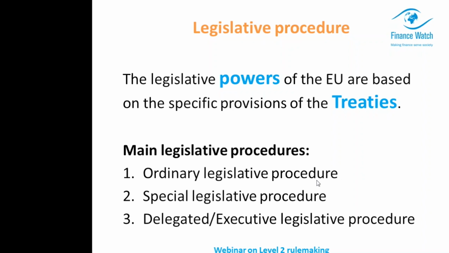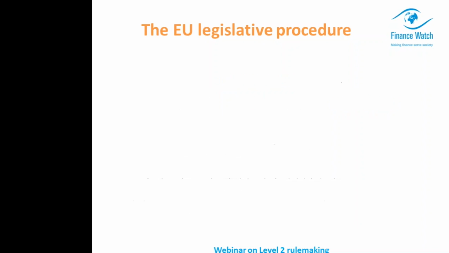It shows that the Council is in the dominant position, so it's usually not the favorable one, but certain articles require it. And then we have a delegated or executive legislative procedure, added by two articles of the Lisbon Treaty, which is now the foundation for the delegation of powers. So we can say something about delegated acts from that.